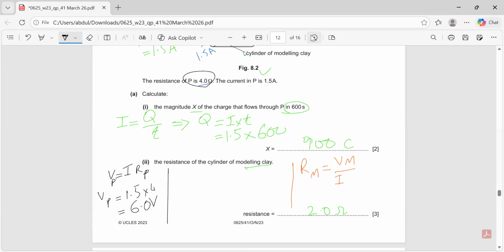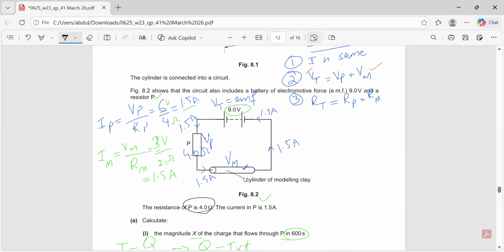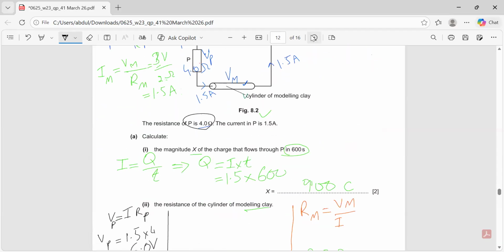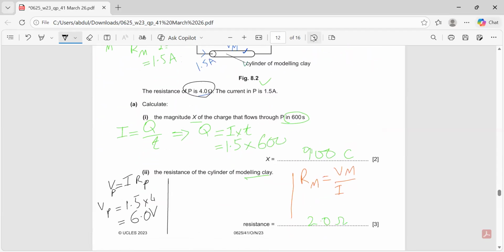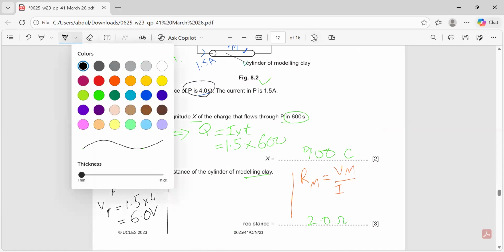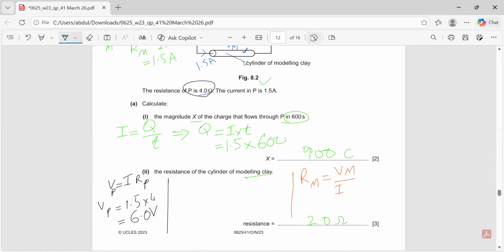We scored. Now we need to get Vm so that we can put it here and calculate the resistance. For that purpose, I'm going to use the same formula from the series circuit: V total, the EMF of the battery, is equal to V across resistor P plus V across modeling clay M. Now, V total is 9.